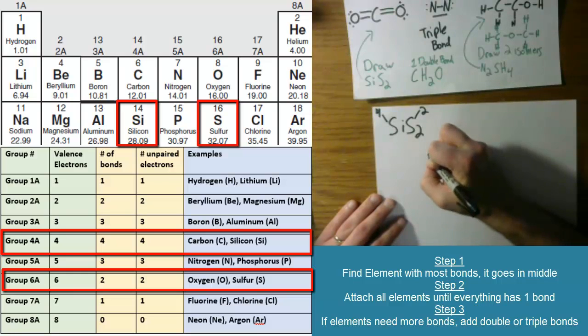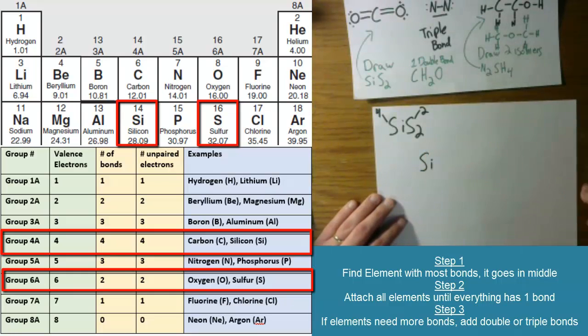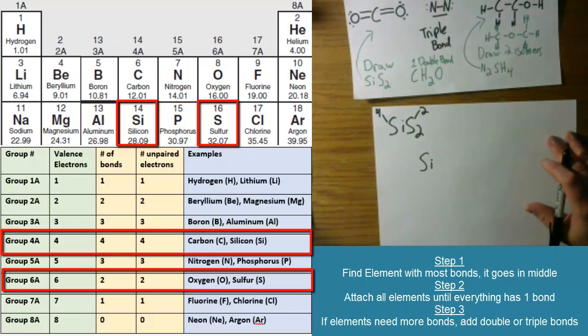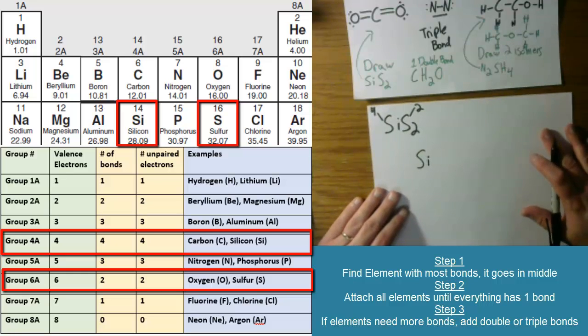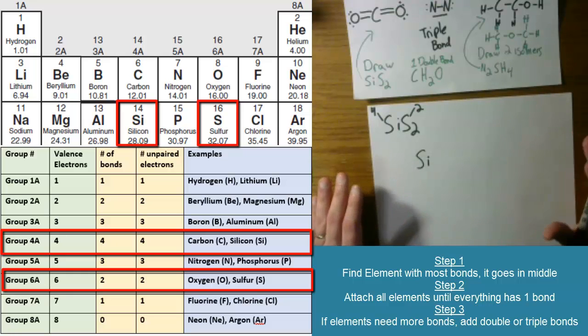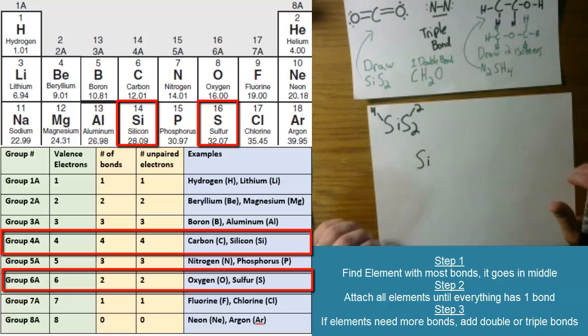So we're going to start with silicon in the middle. Okay, the next step is to bond each of the elements that you're using at least one time. So we're going to start by doing that once, and then after we've attached everything, then we'll figure out if we need doubles or triples. And the goal at the end of this is to use up all of your bonds. If all of the elements have used all of their bonds, your picture is done.